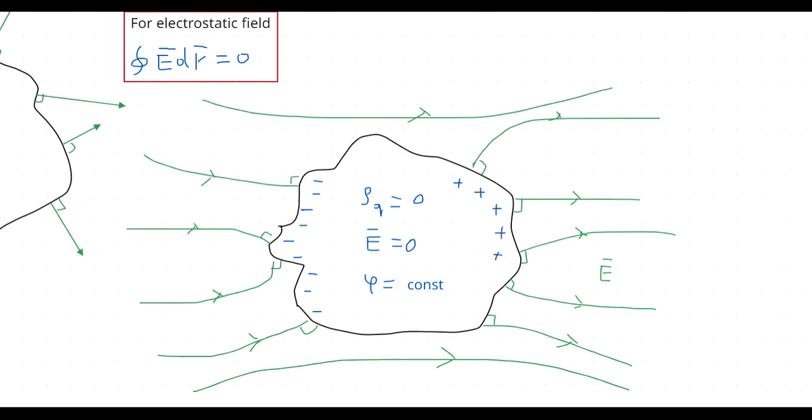Electric charges on the surface of conductor in external electrostatic field will be redistributed in this way. Okay, but inside an electric conductor, there will not be any electrostatic field.